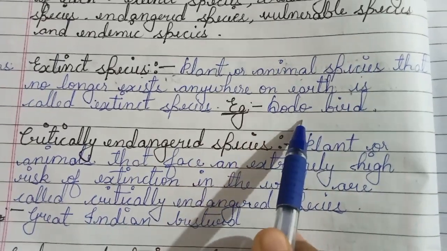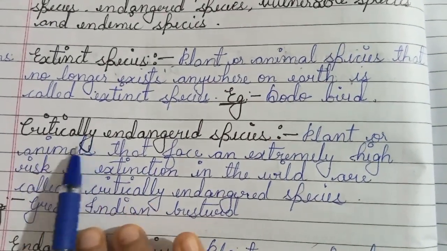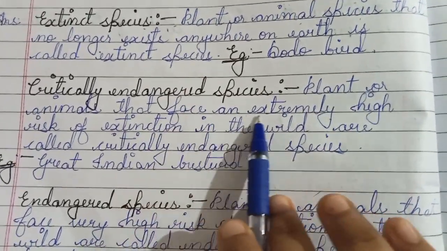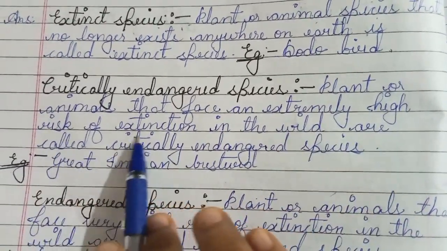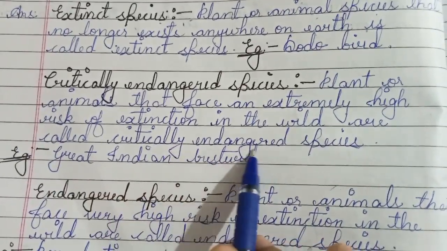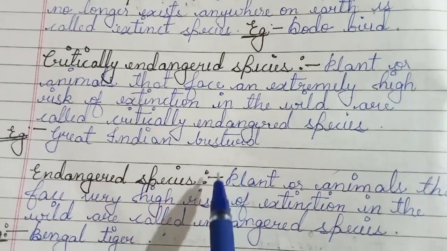Example, dodo bird. Critically endangered species. Plant or animal that face an extremely high risk of extinction in the wild are called critically endangered species. Example, great Indian bustard.